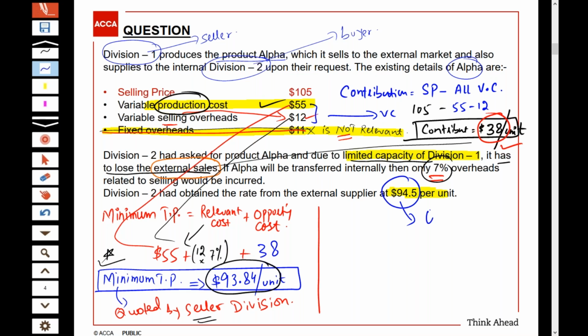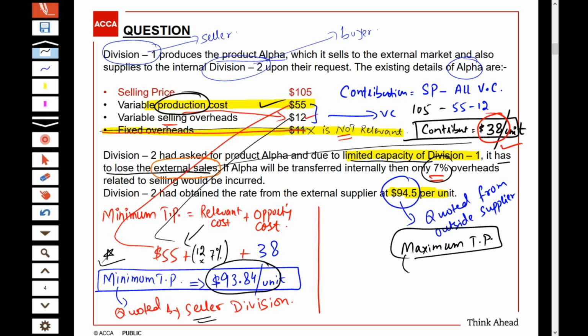It is something quoted by an outside supplier, and this is the maximum transfer price which the buyer division can pay. Now listen, I am repeating the whole scenario once again. You first went to the market.